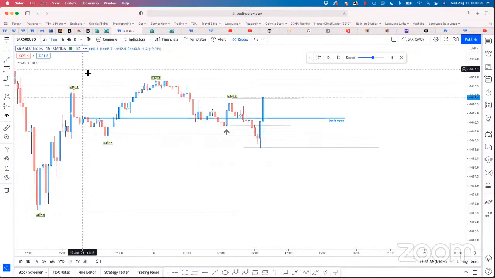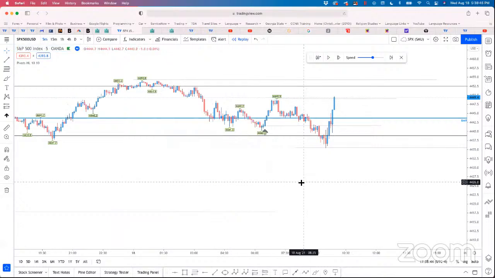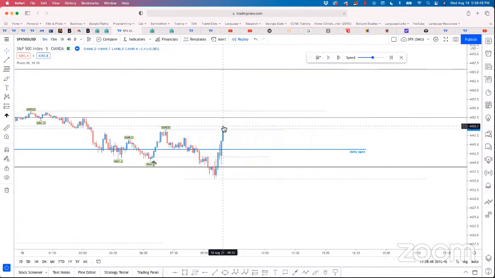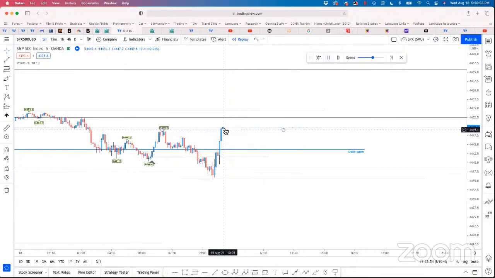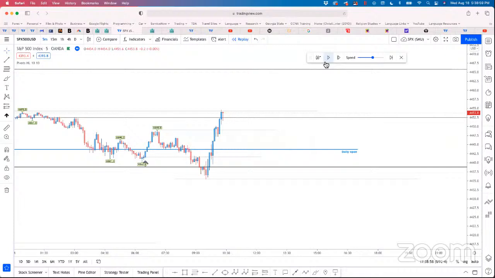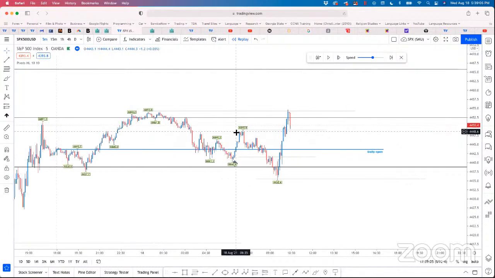Now, you can go to the smaller time frame once you're here, at this area, and watch what happens. We had our first little sign, a down movement, right? I'm going to slow it down right here. Once we got to this high, that was our first sign, right?